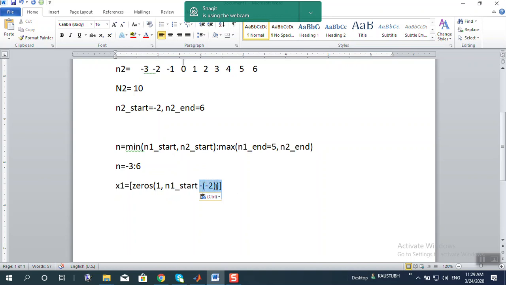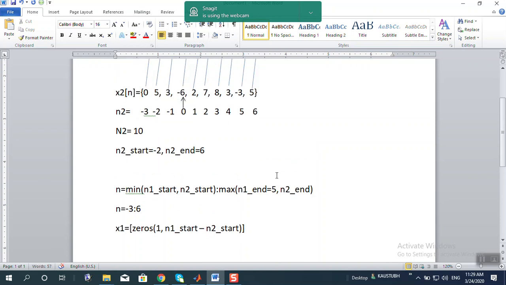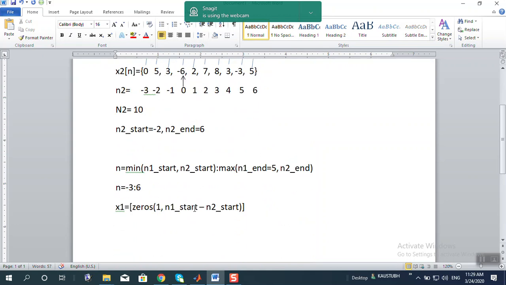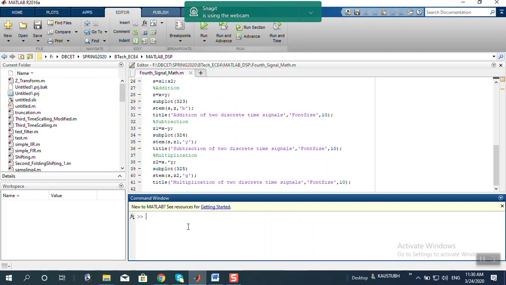That many zeros will be at the leftmost. In this particular case there will be no zeros at this position, and zeros(1, -1) is an empty matrix, as you can see.